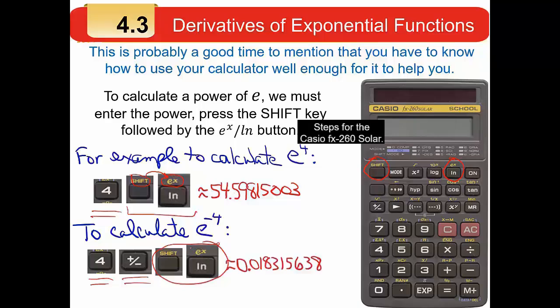And if you do that correctly, you'll get 0.018315638. And in a particular problem, they might tell you to round it off to a certain number of decimal places. But here I'm just showing you how to use the calculator. Simple enough, but it's something that you have to think about, because if you don't, you just look at the calculator, you may have trouble figuring out how to do it.